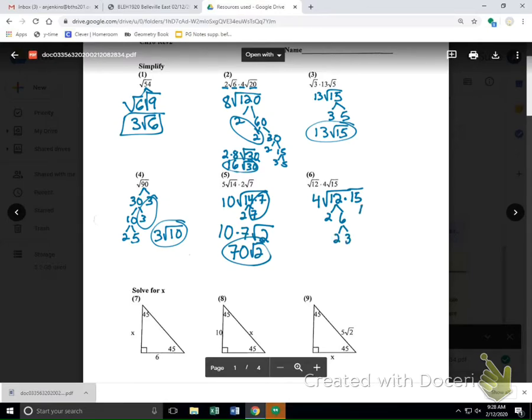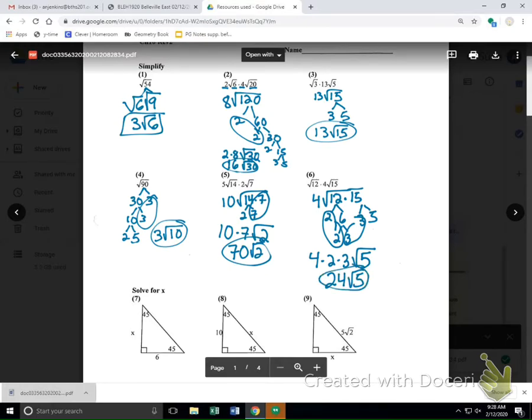Factors of 15: 3 and 5. Things that have buddies are my 2s and my 3s. So we have 4 times 2 times 3 square root of what doesn't have a buddy? 5. So 2 times 4 is going to be 8. 8 times 3 is? 24 square root of 5.